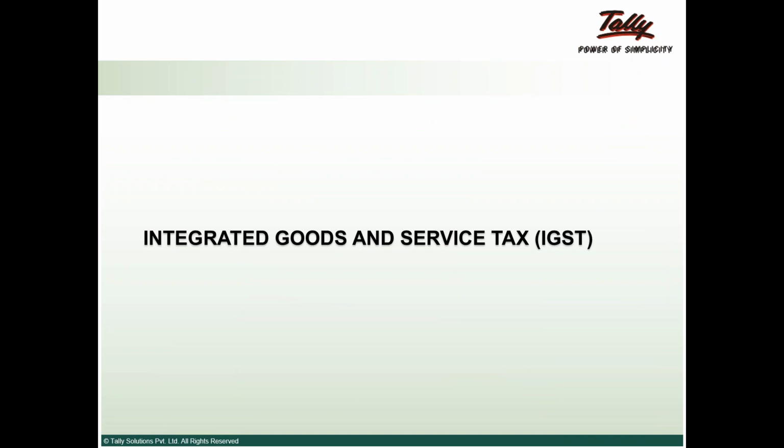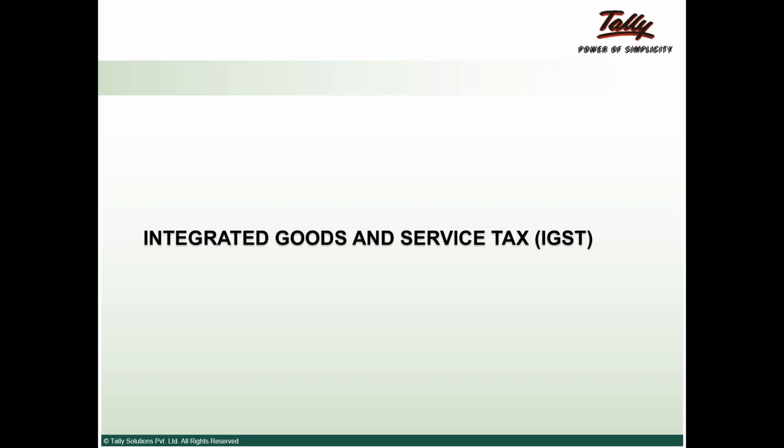Basically, there are three things that we've been speaking about: CGST, which is central GST, SGST, which is state GST, and IGST, which is the integrated goods and services tax.